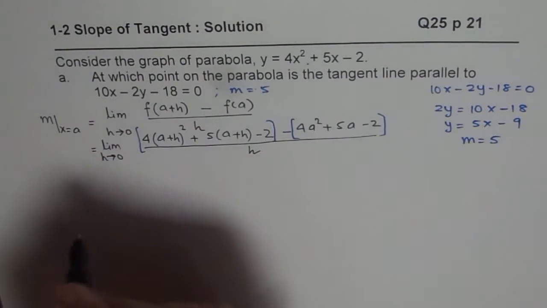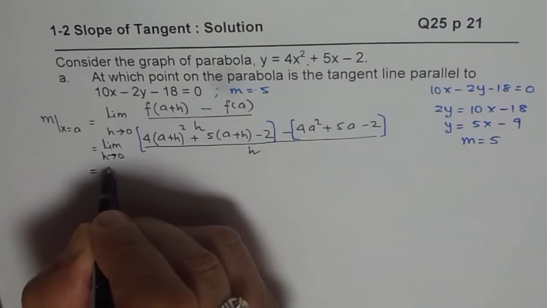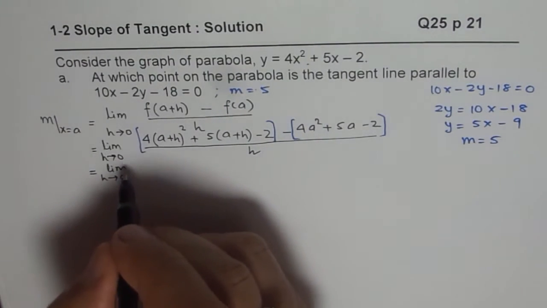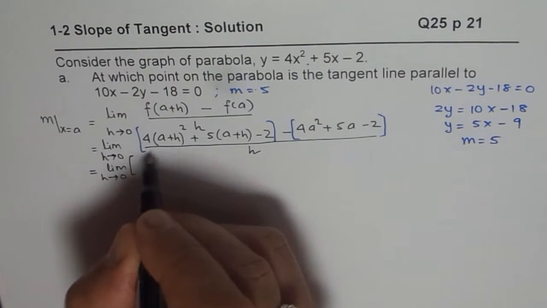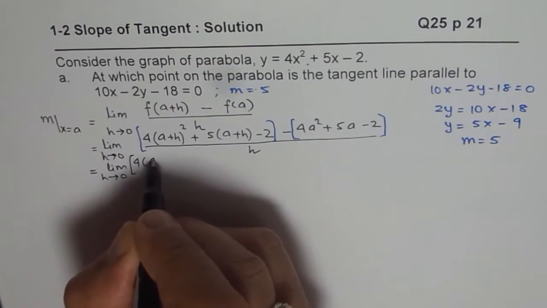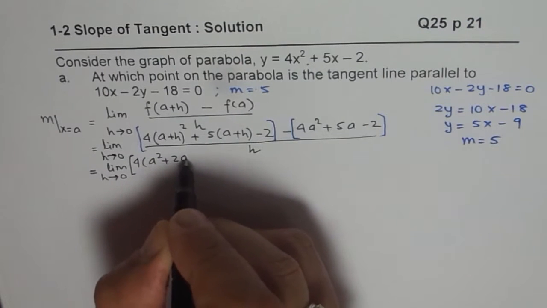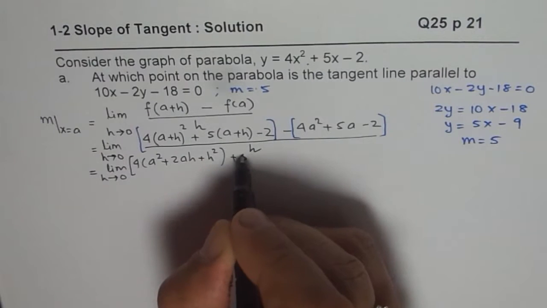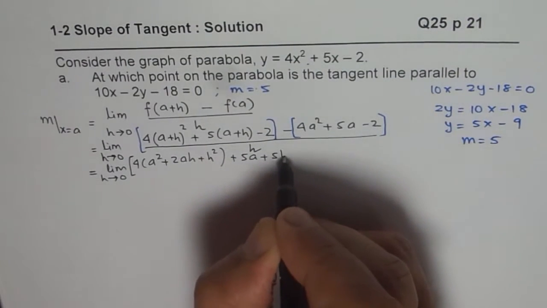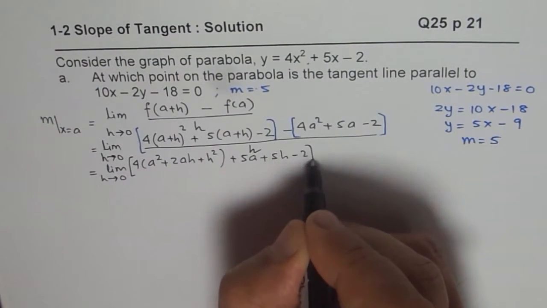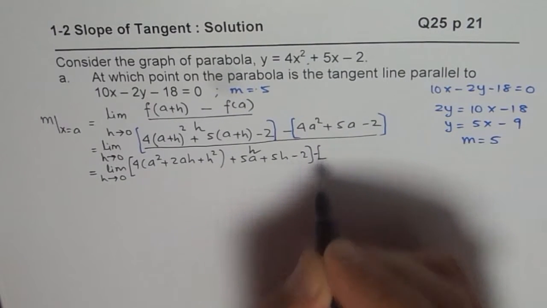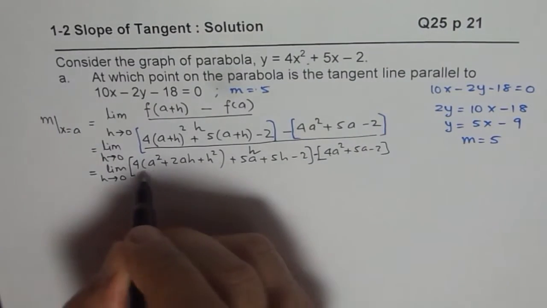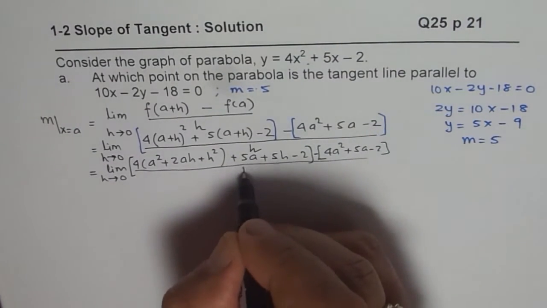Now you can expand and simplify. Let me bring it towards the left a bit. The limit as h approaches 0, and expand this. So what we have here is 4 times (a squared plus 2ah plus h squared) plus, let's open this bracket, 5a plus 5h, and then minus 2, and then minus (4a squared plus 5a minus 2), and everything divided by h.